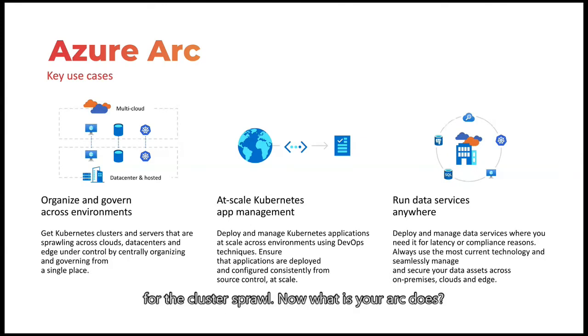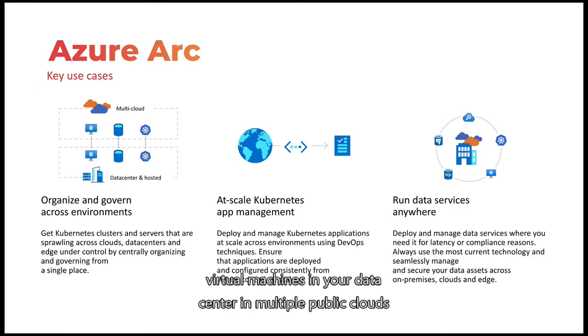Now what Azure Arc does is to handle both the VM sprawl and the cluster sprawl. So VM sprawl is running multiple virtual machines in your data center, in multiple public clouds, and in multiple other virtualized environments. And similarly, cluster sprawl is running Kubernetes clusters everywhere. Now the problem with this approach is you don't have a single unified view.